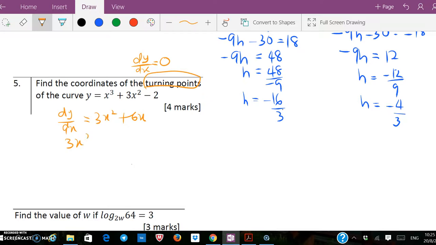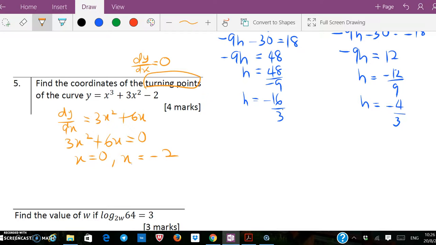We use the calculator to find the two values of x. So x is 0, x is equal to -2.